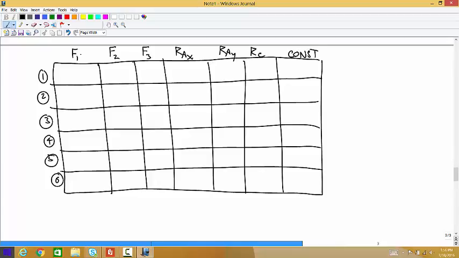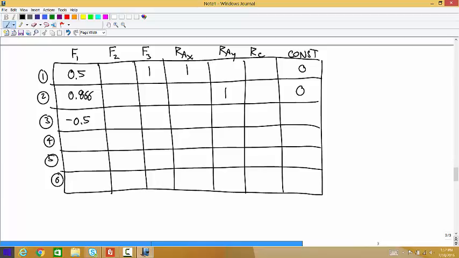Can someone read out the coefficients for equation 1? F1? Okay. Okay, and then 0 constant? Okay, and 0?